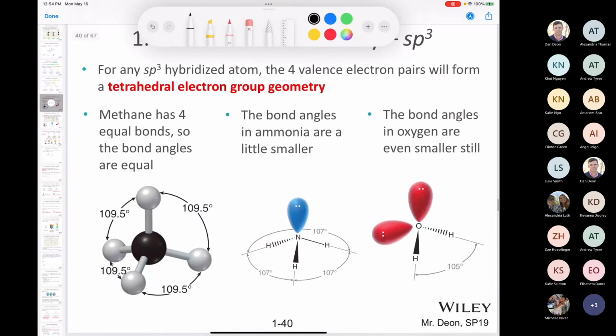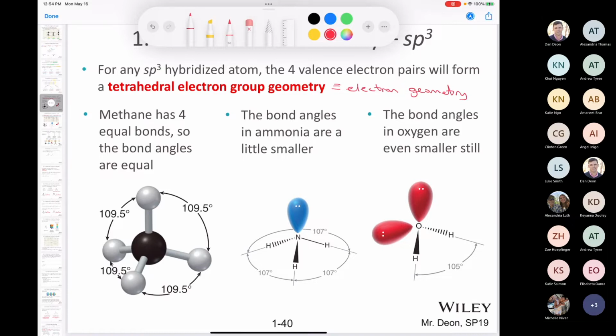Well, for any sp3 hybridized atom, the 4 valence electron pairs, whether it's in a bond or a lone pair, are going to form a tetrahedral electron group geometry. That's what I refer to as electron geometry. Put another way, the electrons are going to spread as far apart from each other as possible, and the electron pairs, again, that includes bonds and lone pairs, are going to spread apart so that they adopt roughly a tetrahedral geometry.